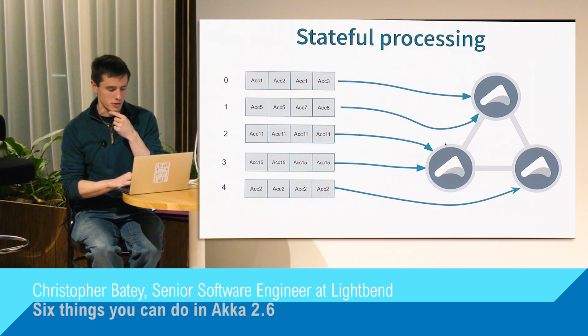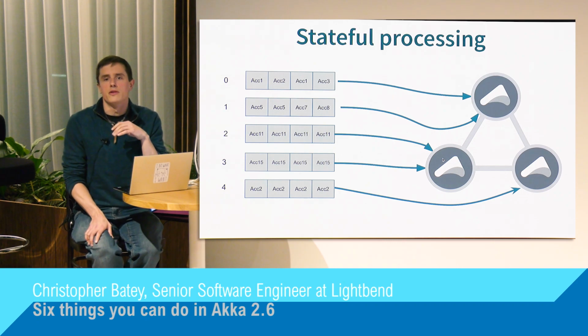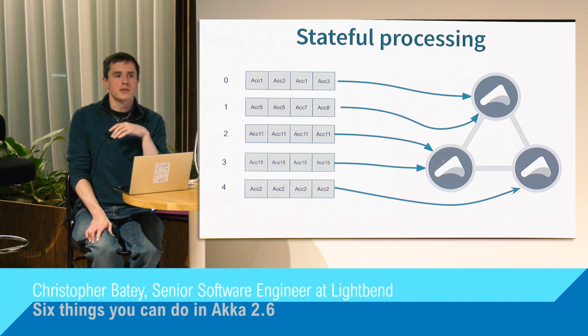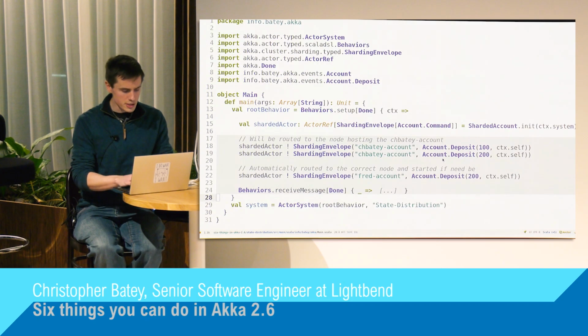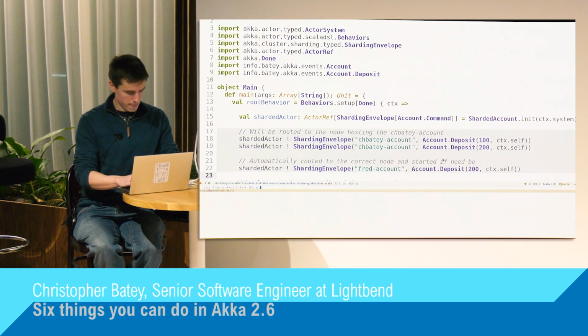And if the Kafka consumer group were to move it over to this node here, I'd really like all of the Akka actors to move with it. That means we don't end up with an extra message hop for each of our messages, and that's the feature we just added. So I can show you roughly what that looks like.